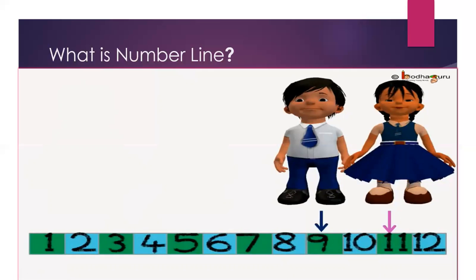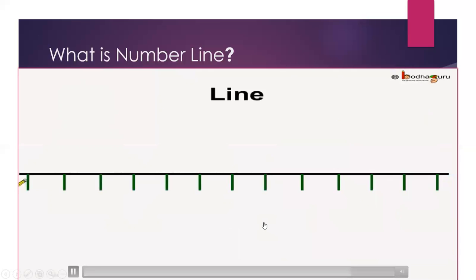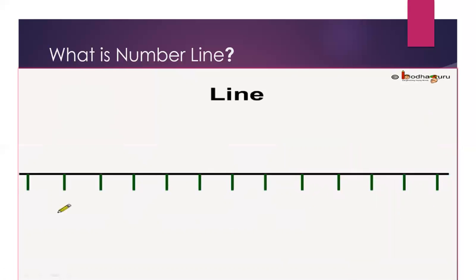So, what is this? Aman was trying to make what is called a number line, that is, numbers written on a line. Let's try to make a number line ourselves. See, first we draw a line and start putting the numbers starting from 1 at equal distances.